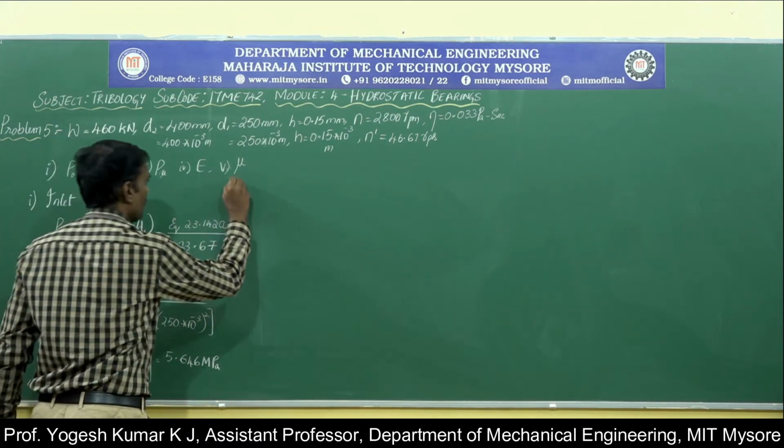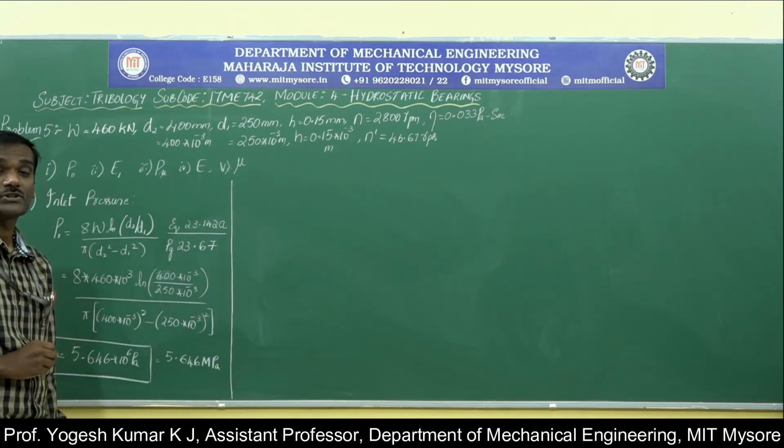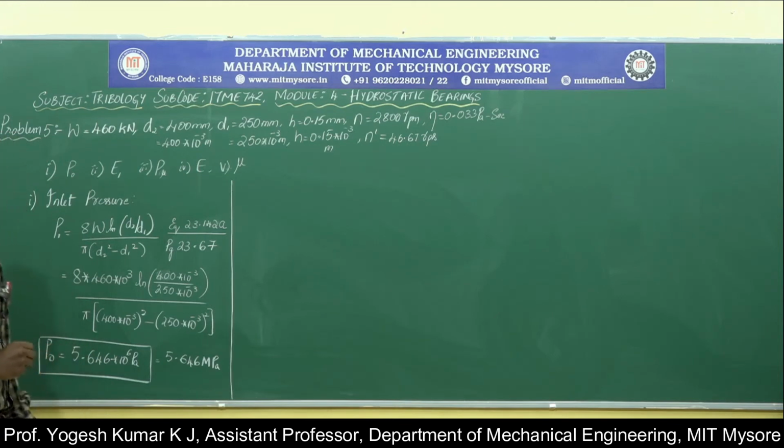We have found out the inlet supply pressure from equation 23.142A.